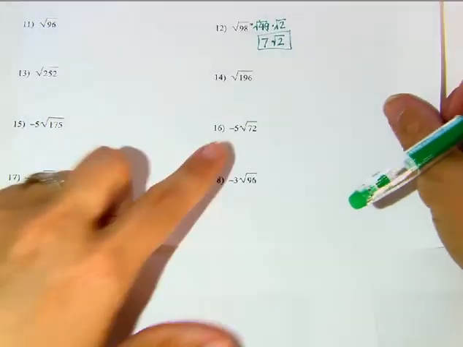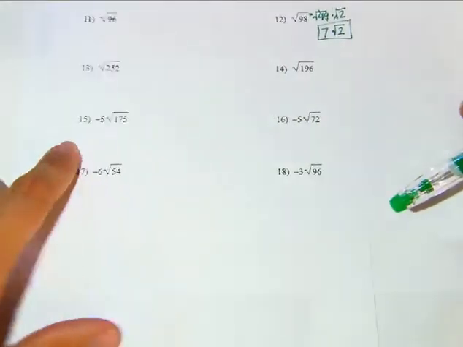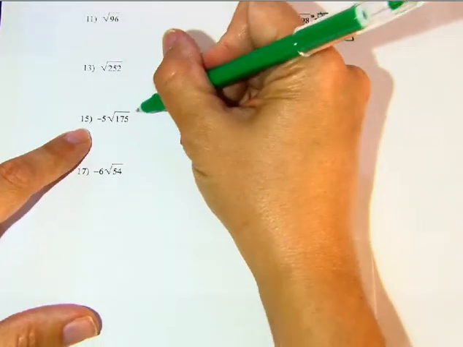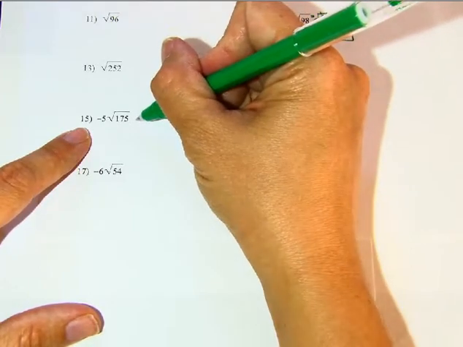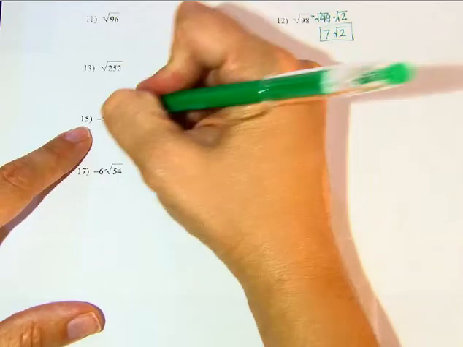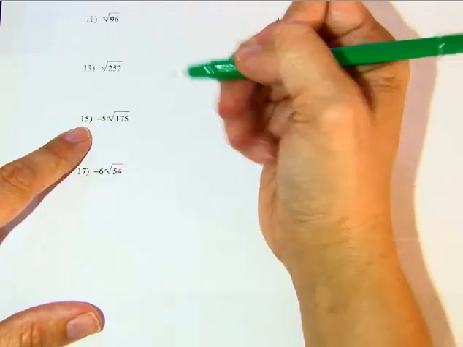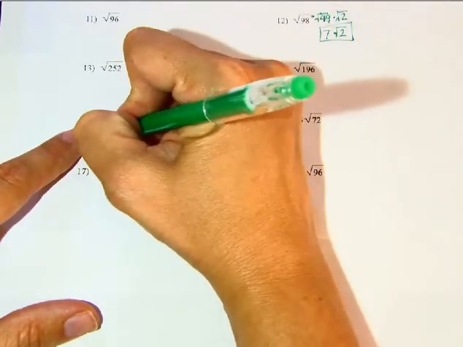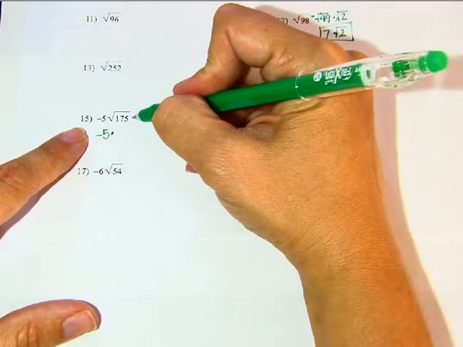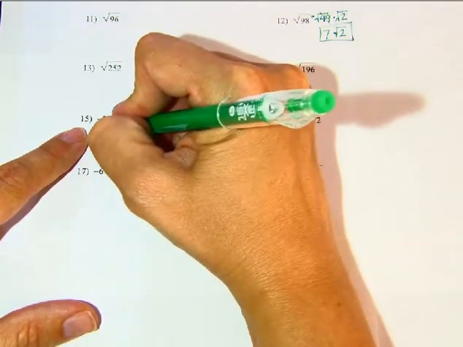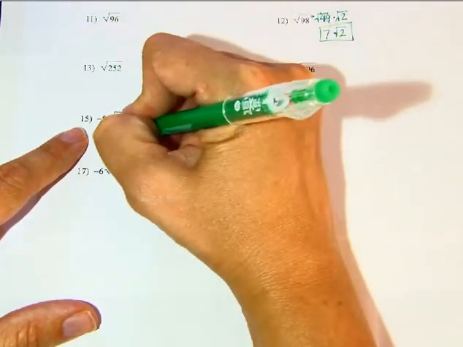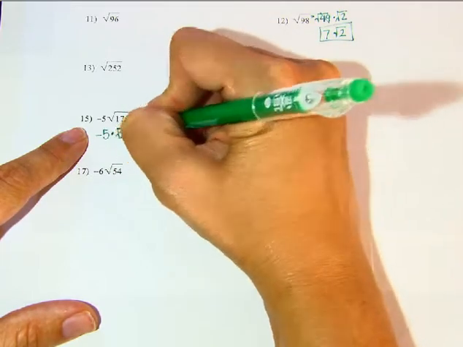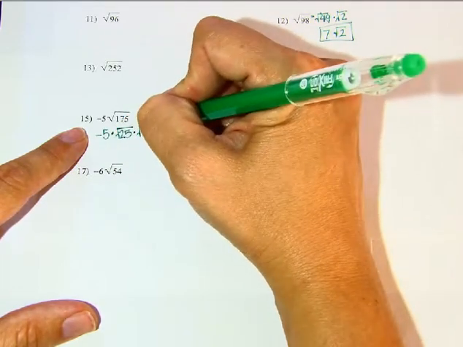Now go down to one of these here at the bottom where I have, let's just do 15, where I have something I need to take a square root of, and then I have this whole number in the front, okay? Don't lose that number in the front. We still have it, negative 5 times. What's a perfect square that goes into 175? Well, 25. And then 25 times 7.